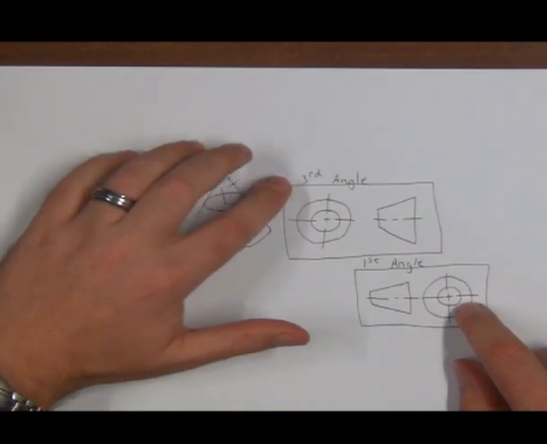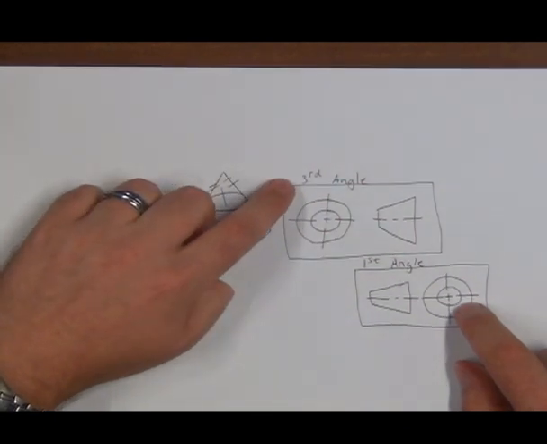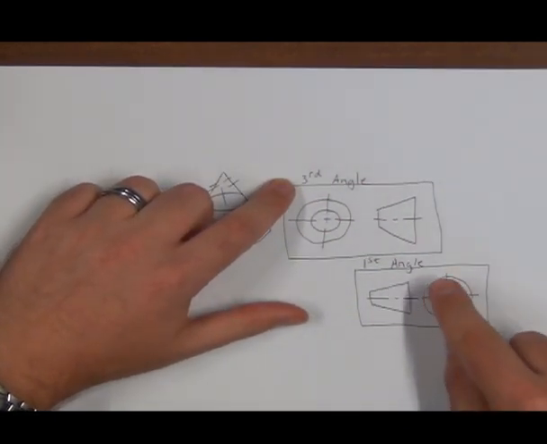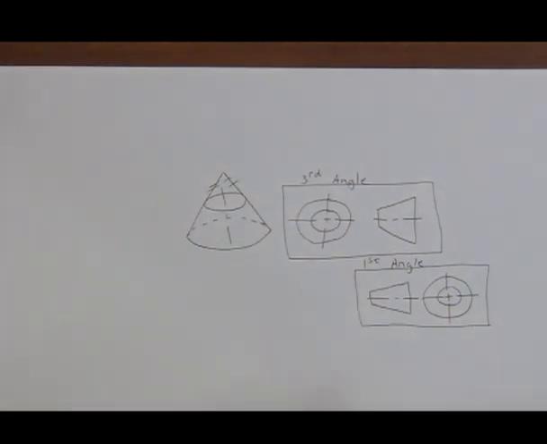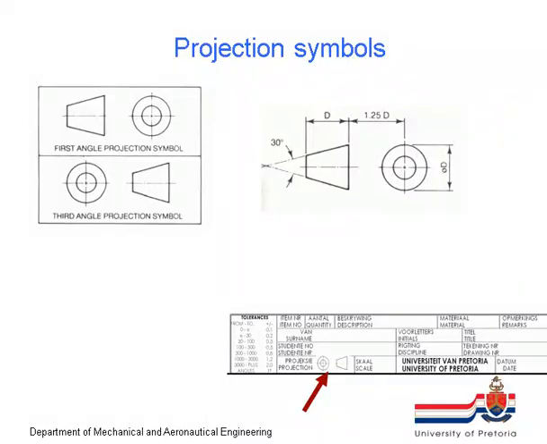In my personal opinion, third angle is more intuitive, although first angle is what the EGD people were taught at school. One isn't more wrong than the other, it's just two different ways of doing it. So this projection symbol is placed in your title block where it says projection. First angle projection symbol, third angle projection symbol.